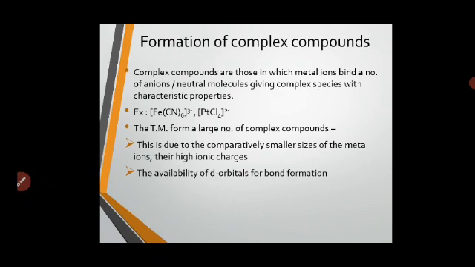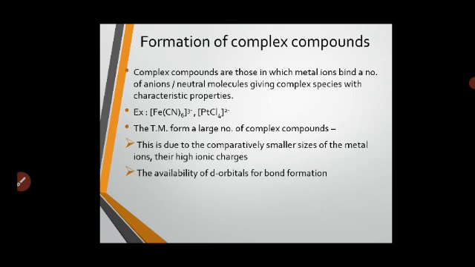So these anions or neutral molecules, the species which give a pair of electrons to the metal atom or ion, are called ligands, and such ligands can bind with metal ions. Then why do they show such a large number of complex compounds? The question can be asked.